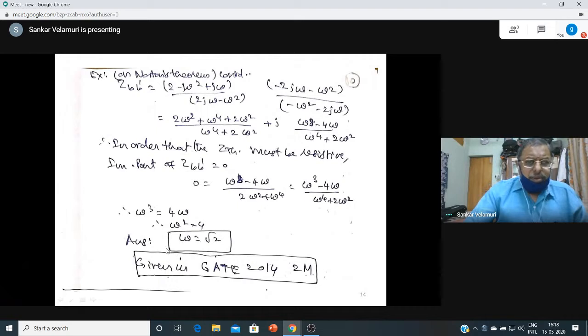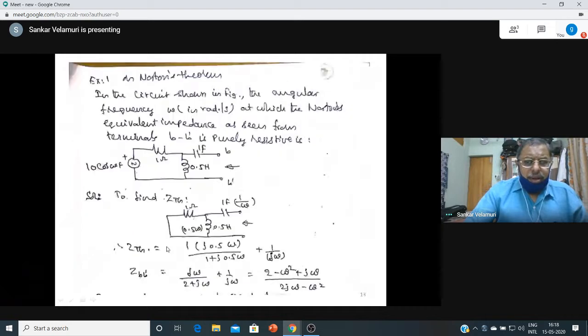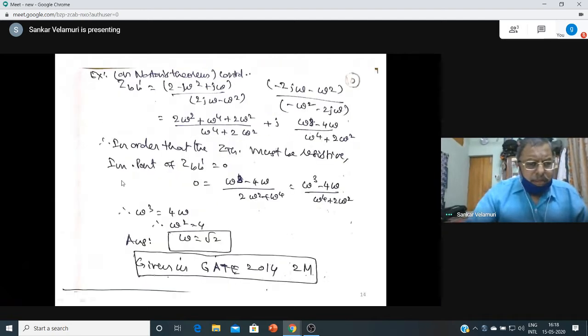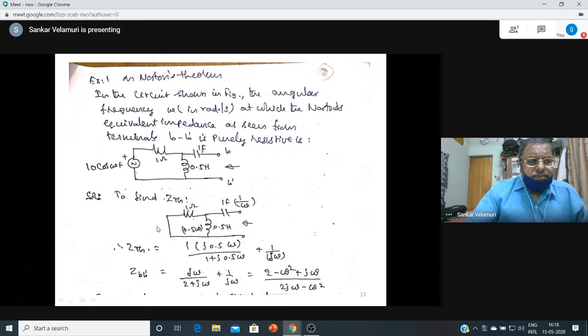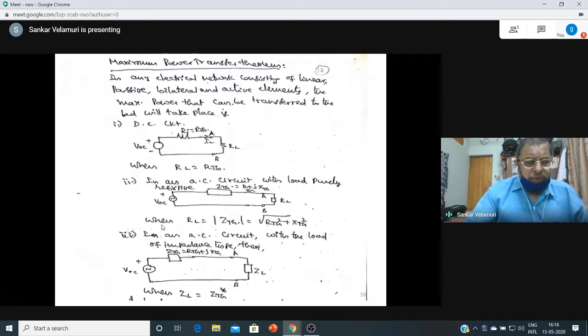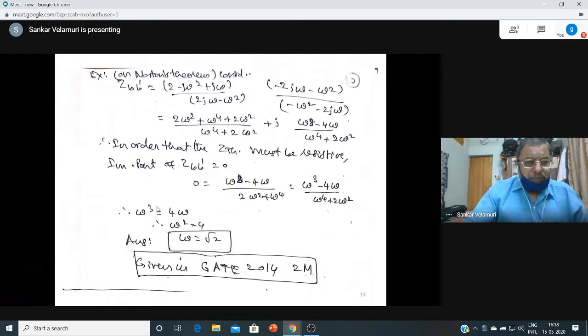So you have to find the omega. Sorry, it is not a multiple choice question, but it is a question given for 2 marks in GATE. Because it is lengthy, we have split that into 2 parts, so 2 slides are there.